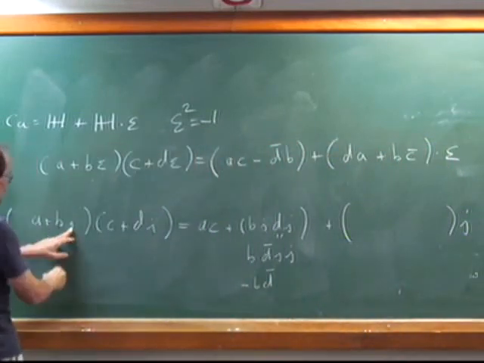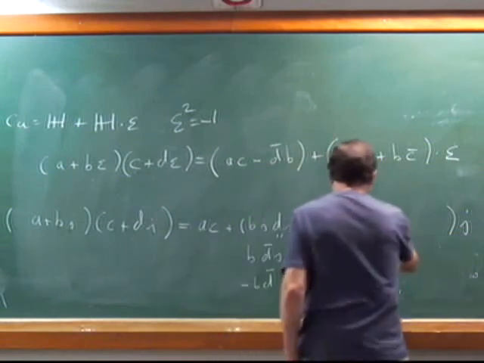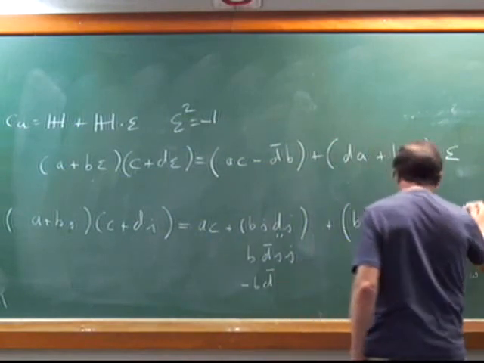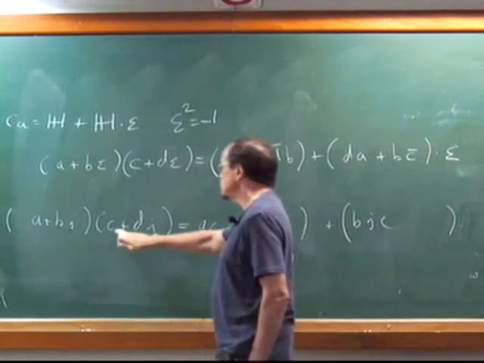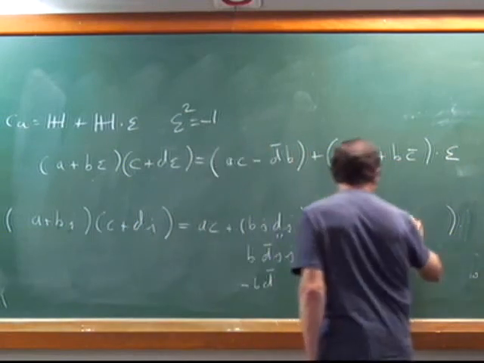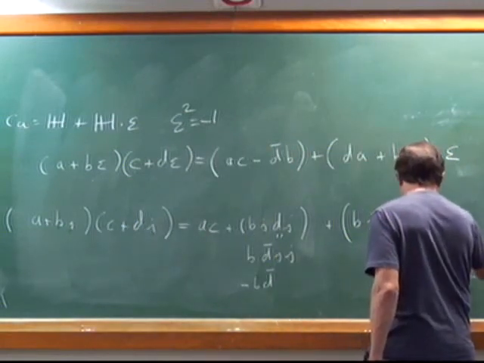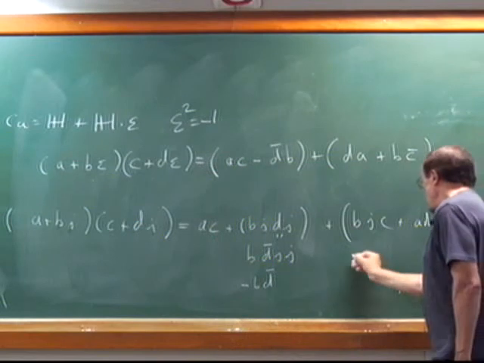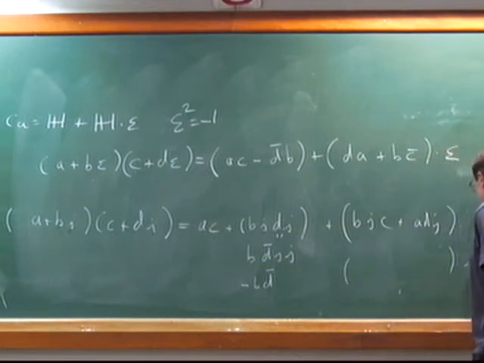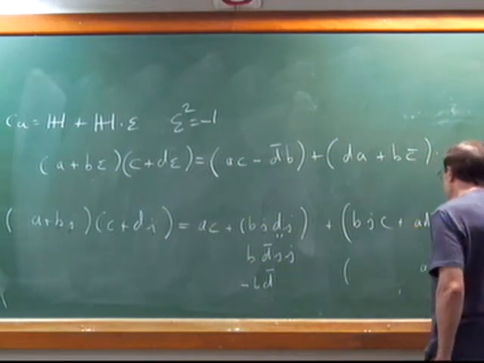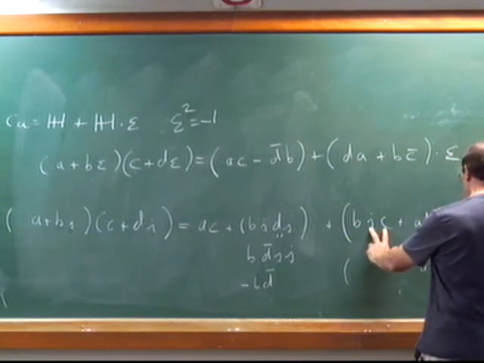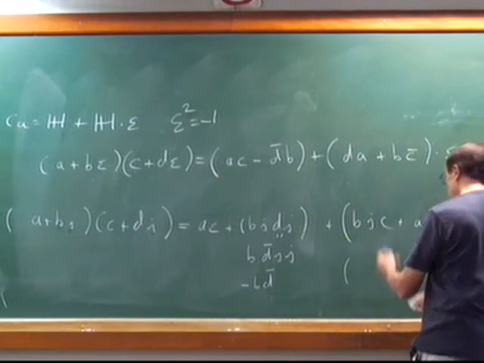Bj C and A Dj. I'm going to pull out the j on the outside. So I get an AD here. Here I have to switch these two, so it's a B C bar.